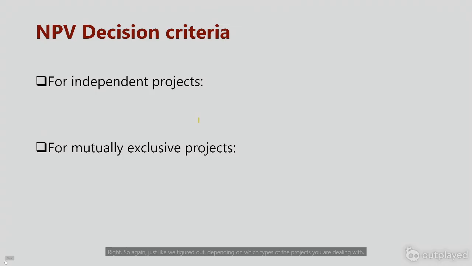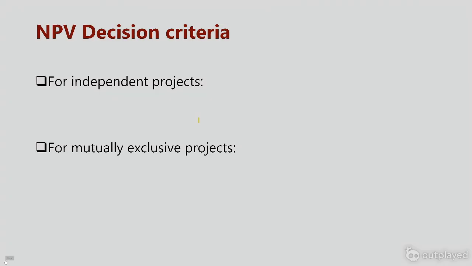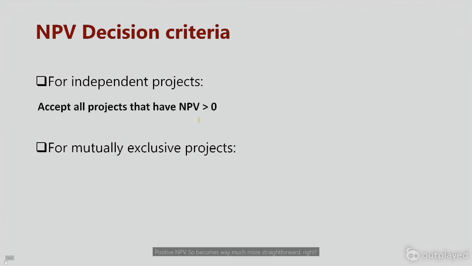Depending on which type of project you are dealing with, if the projects are independent, then based on the NPV rule we accept any of those projects that give you positive NPV. It becomes much more straightforward.